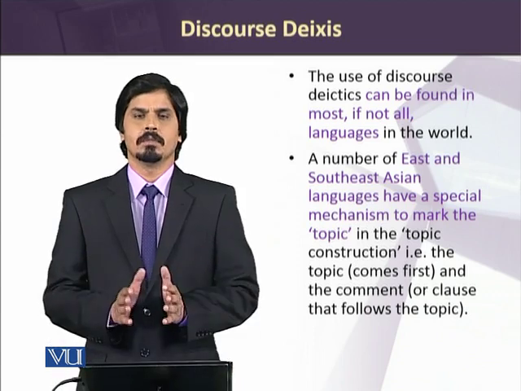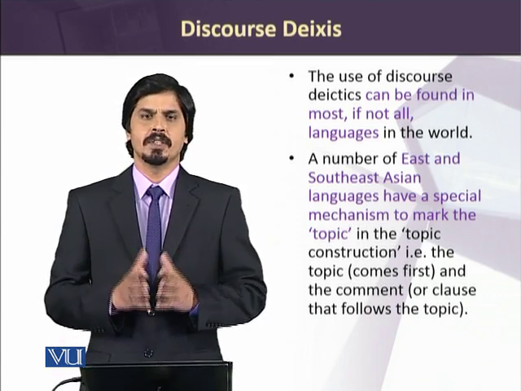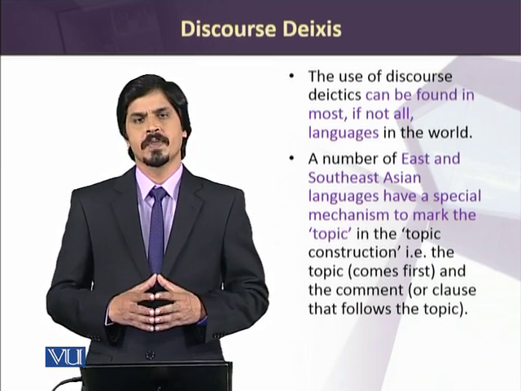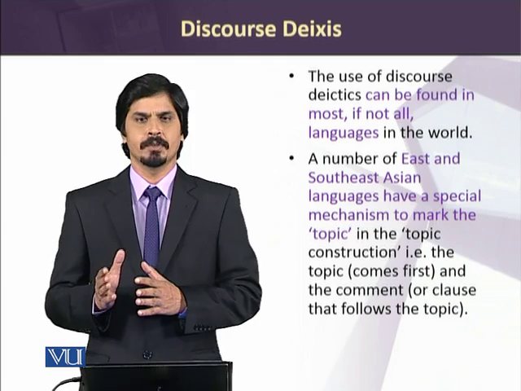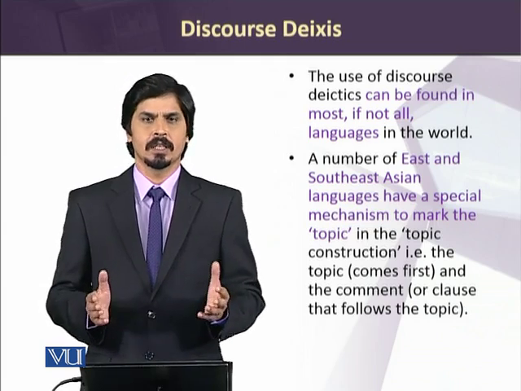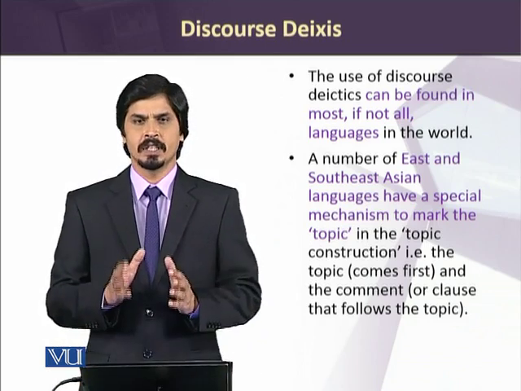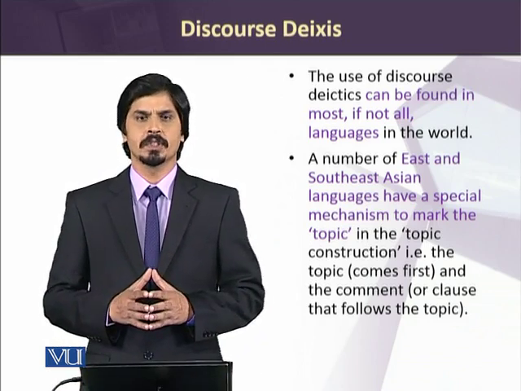So other languages may have different ways to mark or point out the discourse which has already been mentioned or which might occur in the following sentence. But this phenomenon of discourse deixis exists in most of the languages of the world.